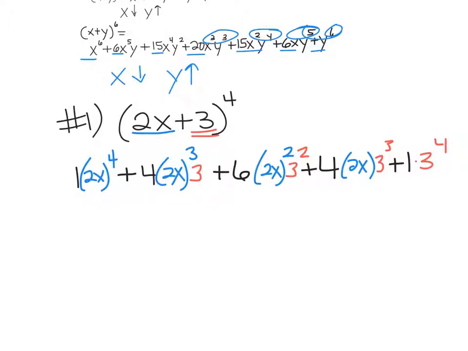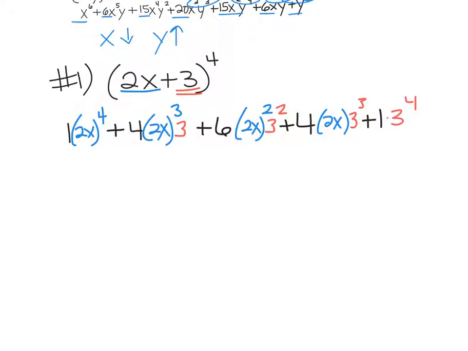Okay? And now I need to just simplify these things. So my first term is 2x to the 4th. 2x to the 4th is 16 x to the 4th. Okay, got to go 2 to the 4th and x to the 4th. My next term will be, and you're going to need your calculator, 4 times 2 cubed times 3.